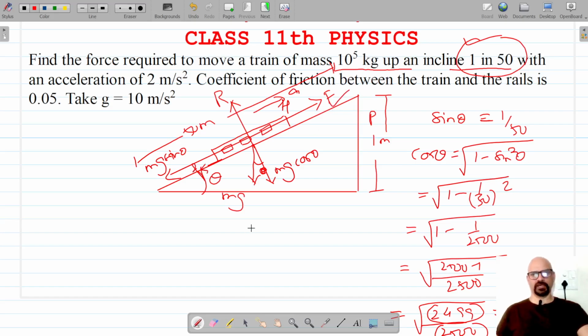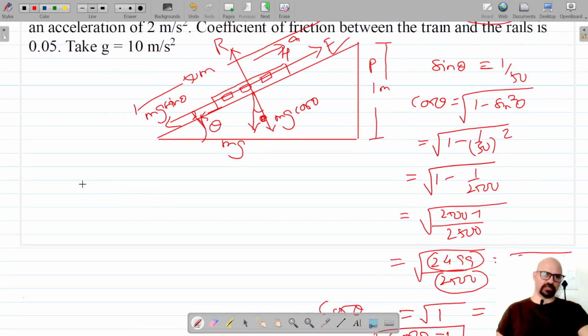As the train is moving upward, the net force acting on the train has to be equal to the component mg sine theta plus the force of friction and the pseudo force m into a.